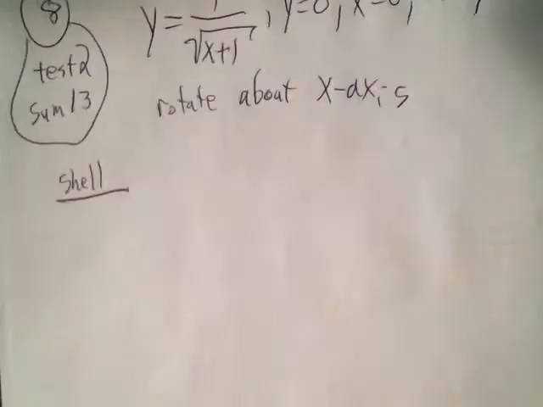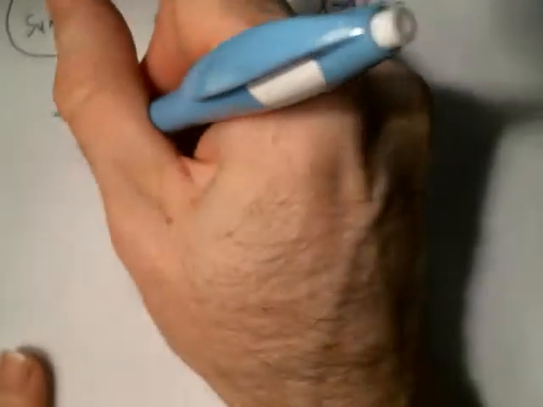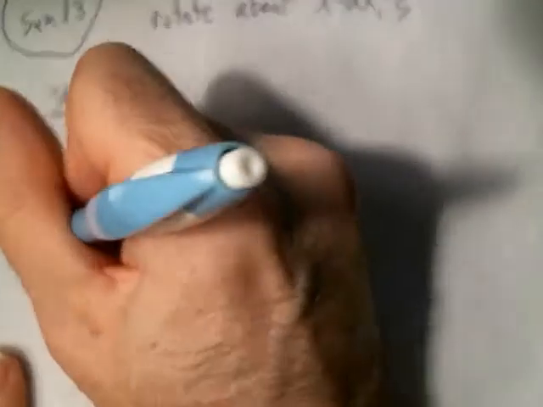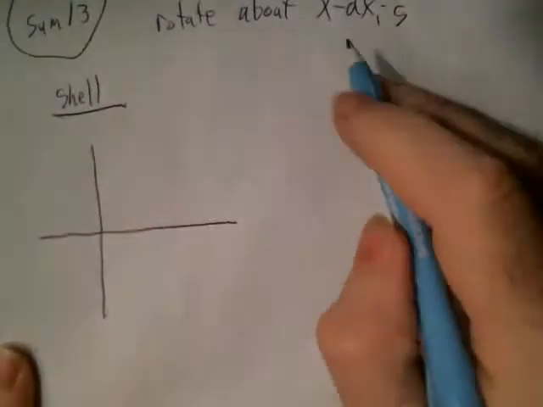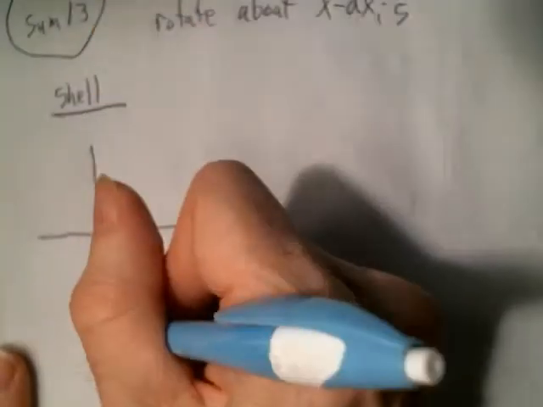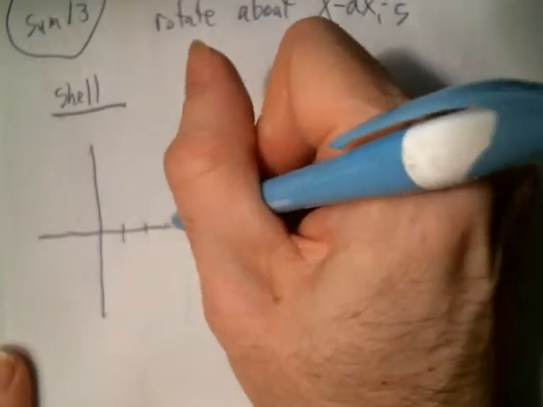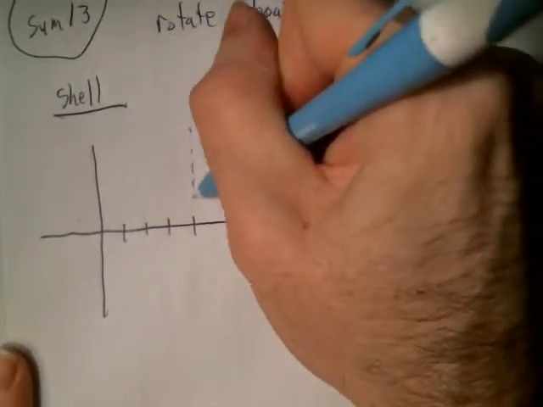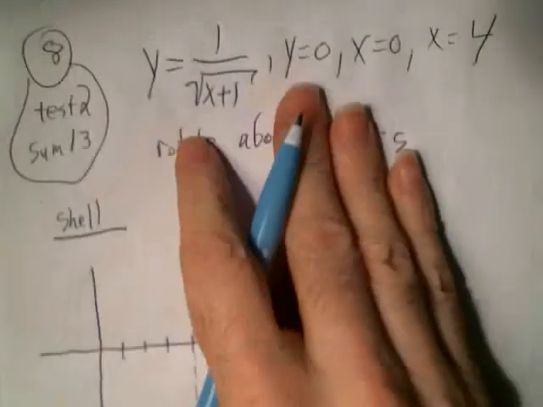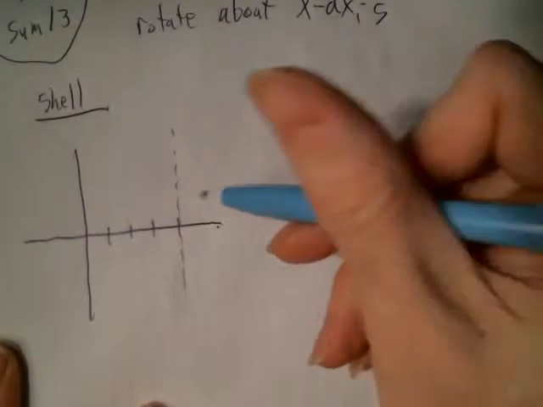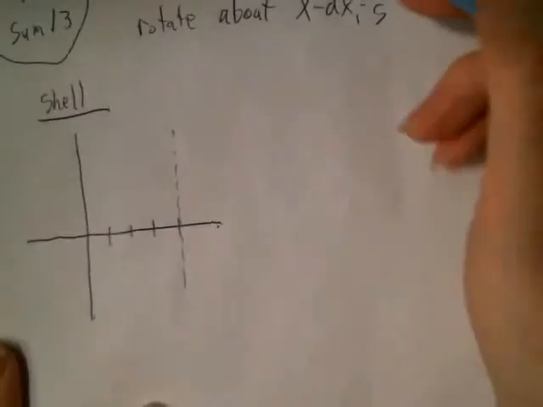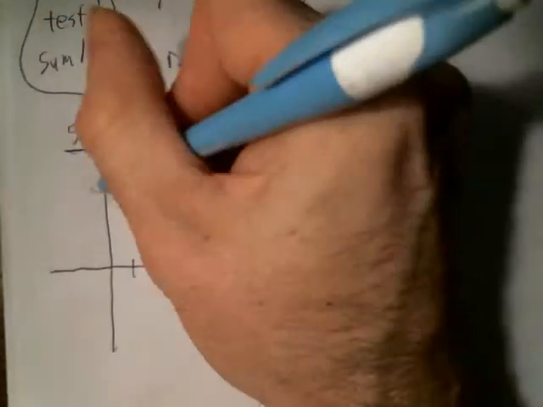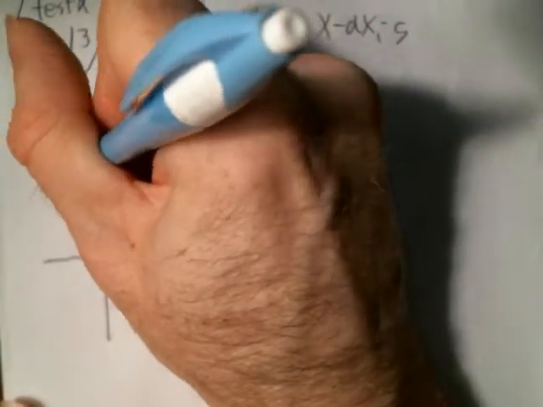Okay. So drawing out my region here. y equals 0, x equals 0, and then x equals 1, 2, 3, 4. And then this guy, so at 0, it's at 1. So I'll just put 1 right here.